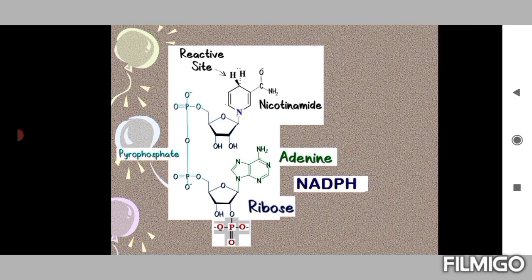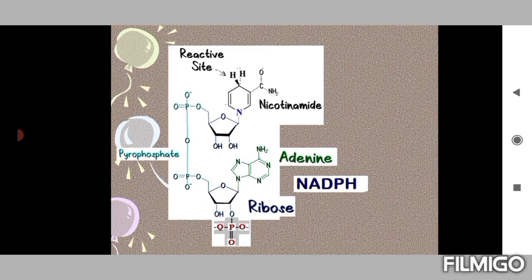Now, high potential electrons are required for most biosynthetic reactions, because in most biosynthetic reactions, substrates are more oxidized than products. So that is the role of NADPH as the donor of electrons during biosynthesis.